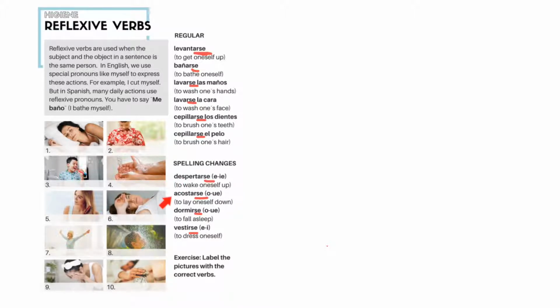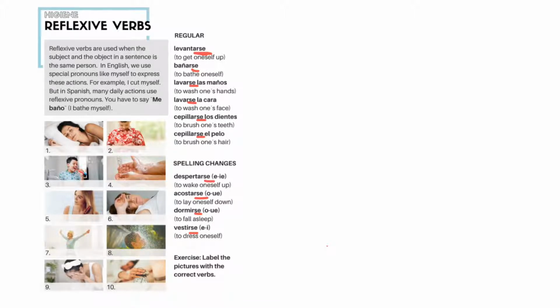The same with acostarse and dormirse. Then vestirse has an E to I. I'm sorry, I should have mentioned acostarse and dormirse: the O turns into a UE. And vestirse, the E turns into an I.